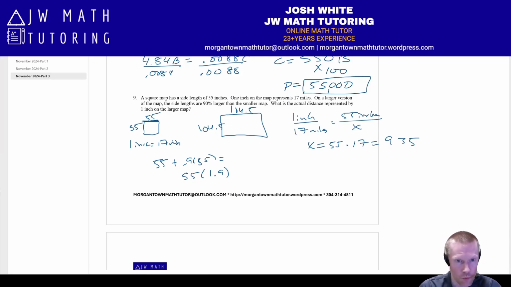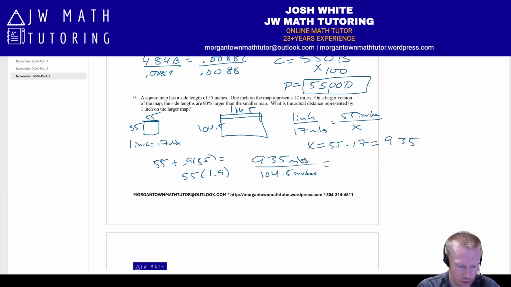Now, we have that same distance of 935 miles, except we have 104.5 inches instead of 55. So basically, we want 935 miles on the top, and the 104.5 inches on the bottom. Then we divide these.